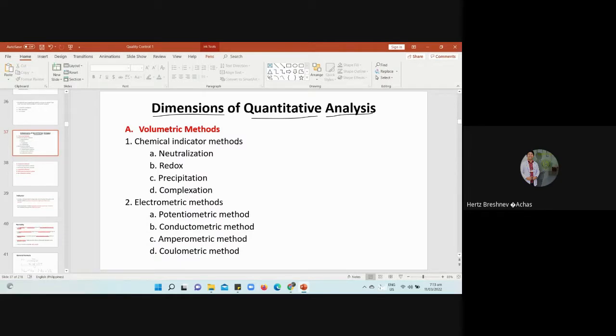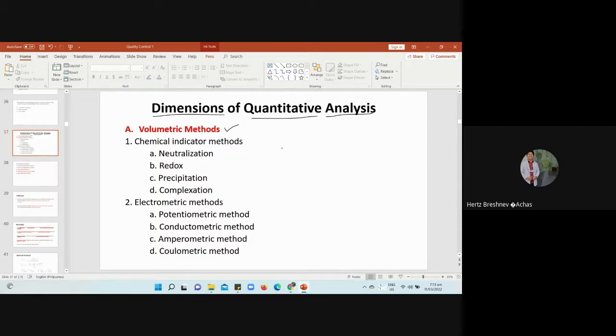First, we have volumetric methods. When we say volumetric methods, we utilize the liquid state of the substance to identify the quantity.